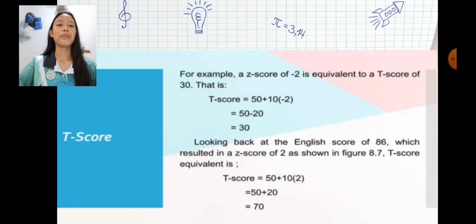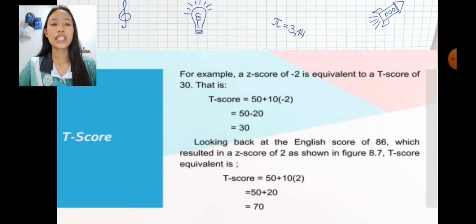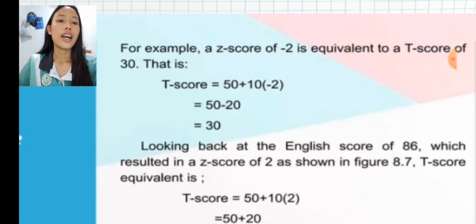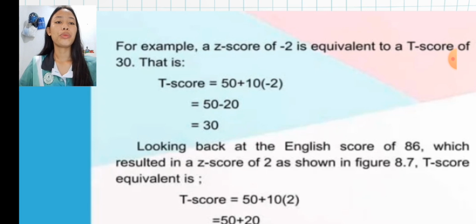For example, a z-score of negative 2 is equivalent to a t-score of 30, that is, t-score equals 50 plus 10 multiplied by negative 2.